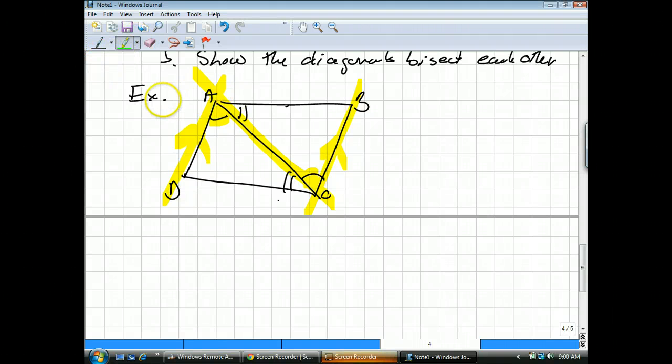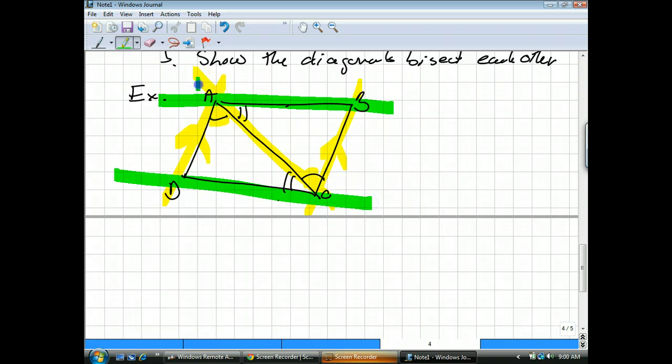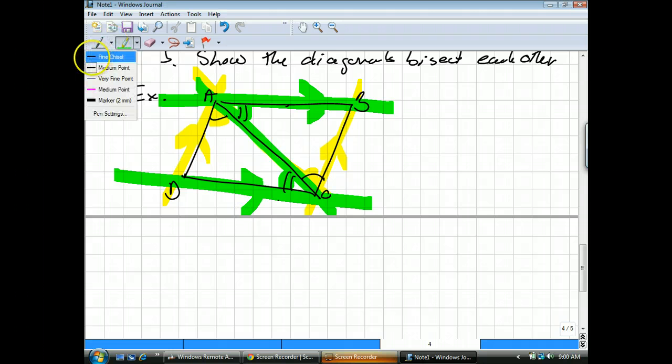And if I know this line and this line, and this is my transversal, then these are alternate interior angles that are congruent, and so therefore this line must be parallel to this line. So therefore, quadrilateral ABCD must be a parallelogram by the definition, because both pairs of opposite sides are parallel. Okay.